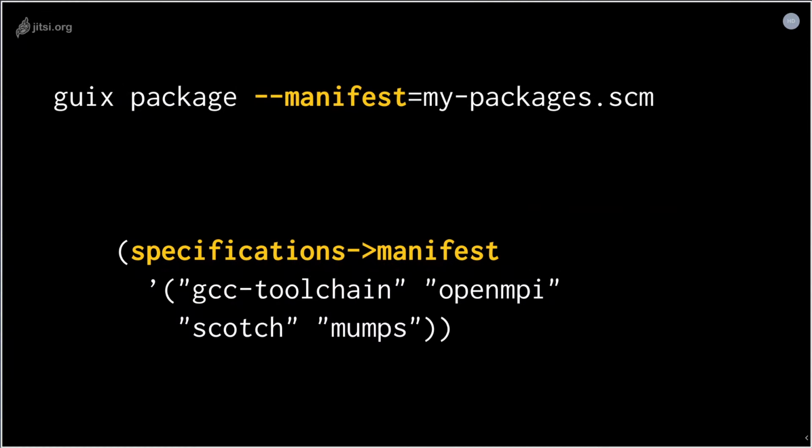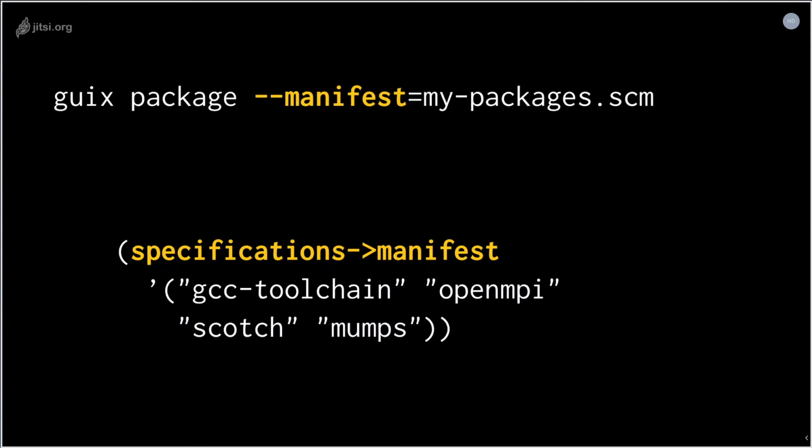These 3 lines say, I want an environment that contains GCC toolchain, OpenMPI, Scotch, MUMPS. If I run that command, it's going to install precisely those 4 packages. So I can have that file under version control, I can share it with my colleagues, and they can immediately deploy the exact same software environment, which is pretty nice.